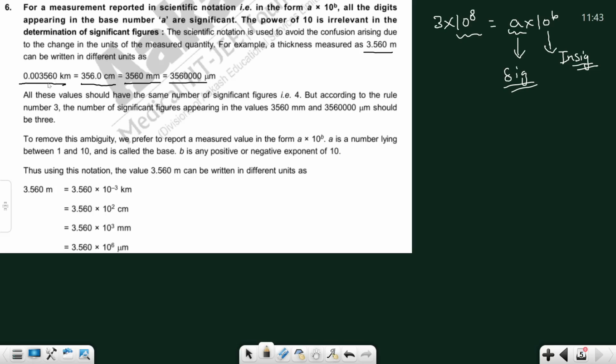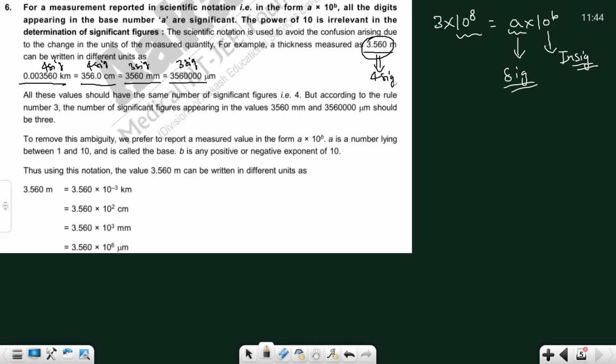The kilometer value has four significant figures, the centimeter has four significant figures, the mm has three significant figures as per the rule, and the micrometer has three as well. But in your original measurement in meters, you have written four significant figures.